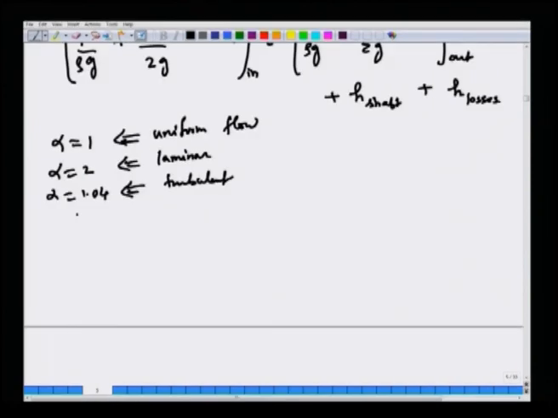That is because the turbulent flow velocity profile is in fact very close to being uniform. Therefore, it makes sense for us to approximate alpha to 1 for turbulent flows. So, that completes the basic discussion on energy balance.